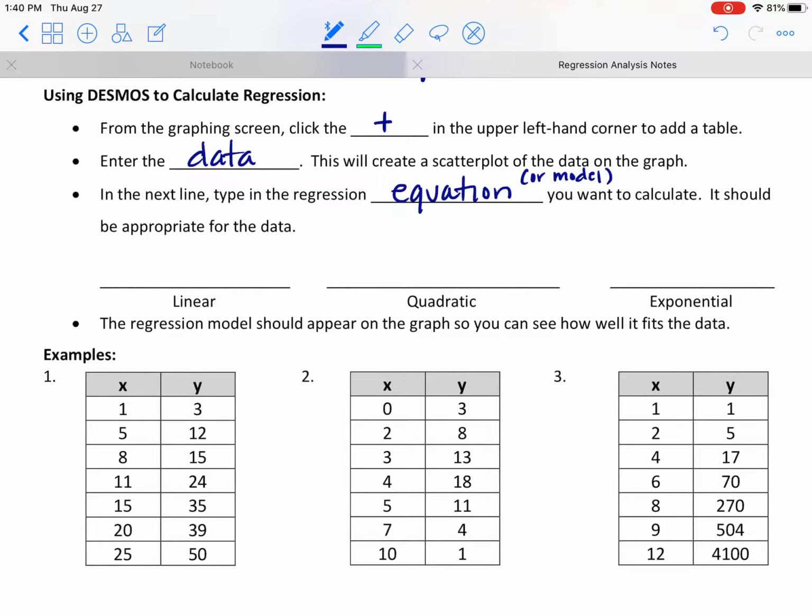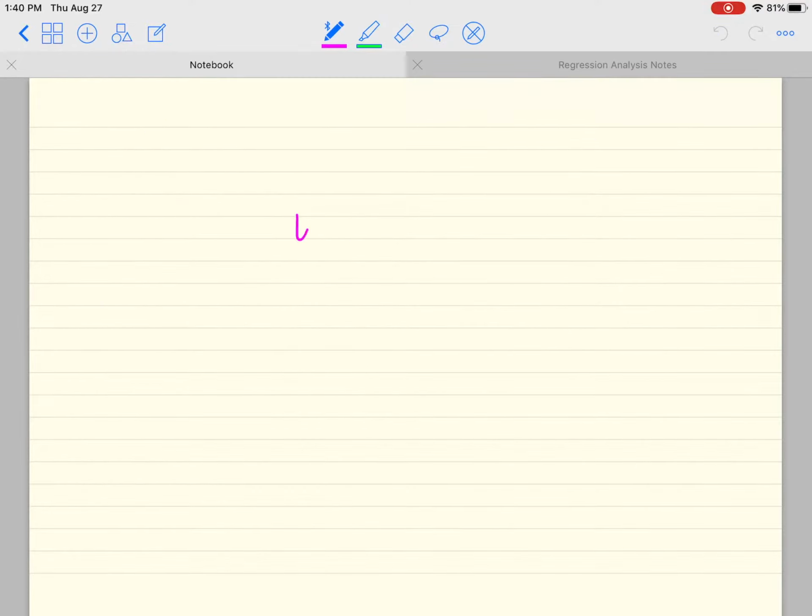So if it's a linear regression that you want to calculate, so a line, a line is typically in this y equals mx plus b format. So that's sort of what we're looking at here, but when we calculate regression, we're still going to have the y, and then we don't want an equal sign because we don't necessarily have exact data.